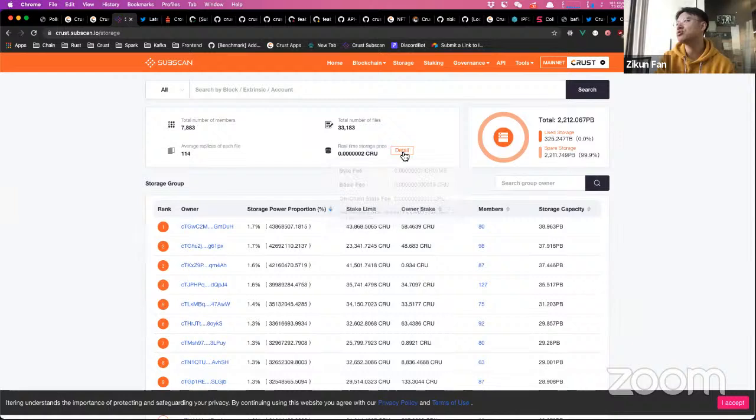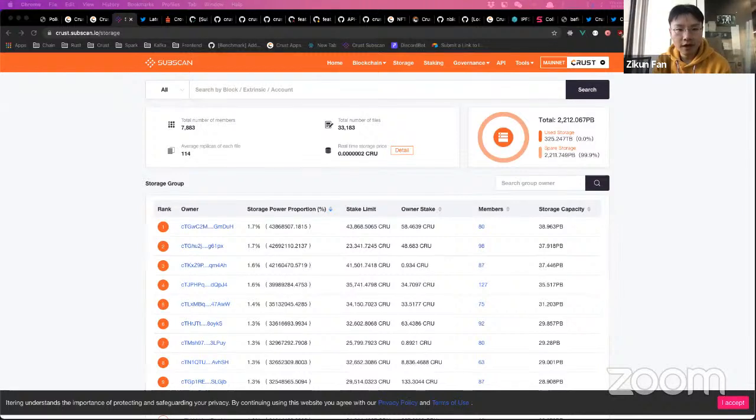Actually, it's super low, and it just costs you several 0.1 CRU to store a file. It's pretty low, and it changes in real time, but it cannot change rapidly. But that's the cost for Crust.